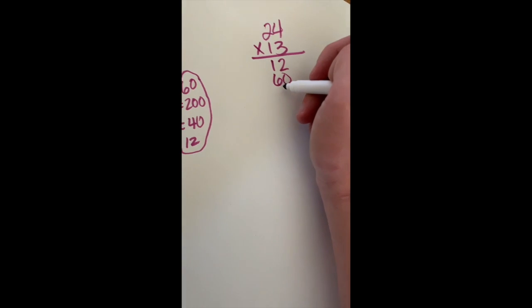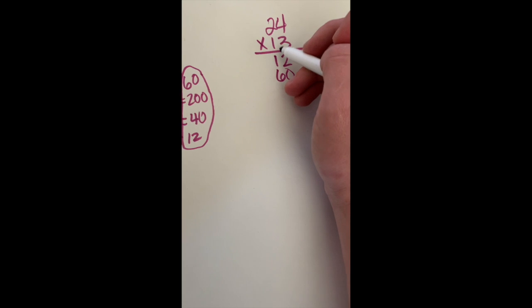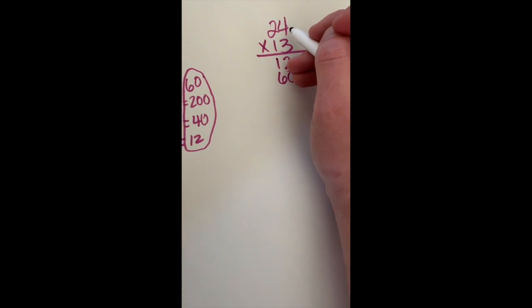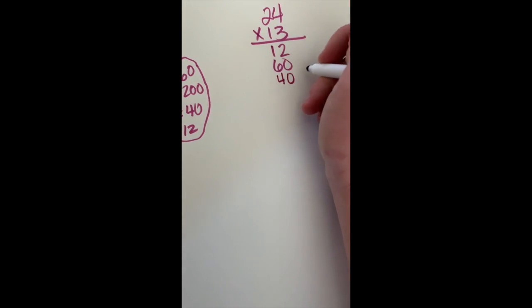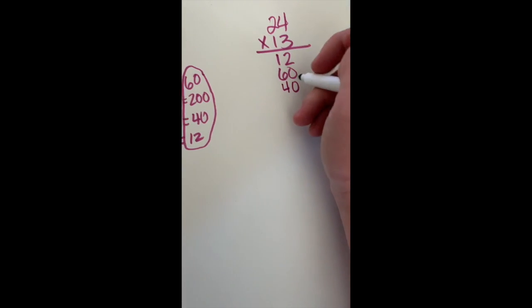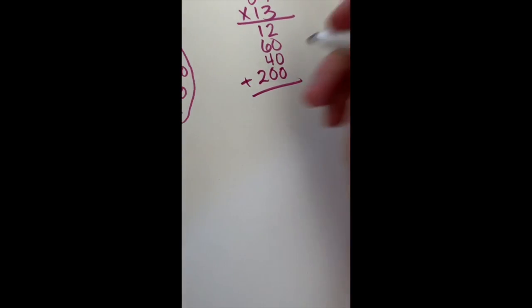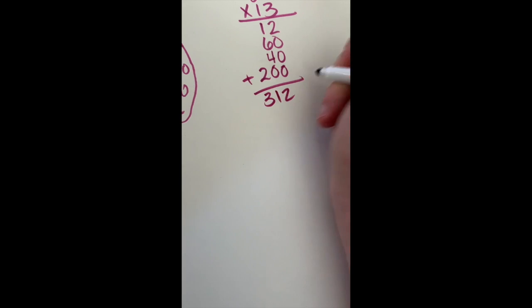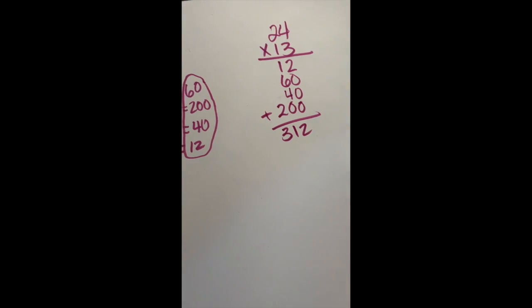We'll then do the next thing with our 1 in our tens place. So 1 times 4, which is essentially 10 times 4, would be 40. And then lastly, 10 times 20 is 200, which is where we would also get to the same answer of 312.